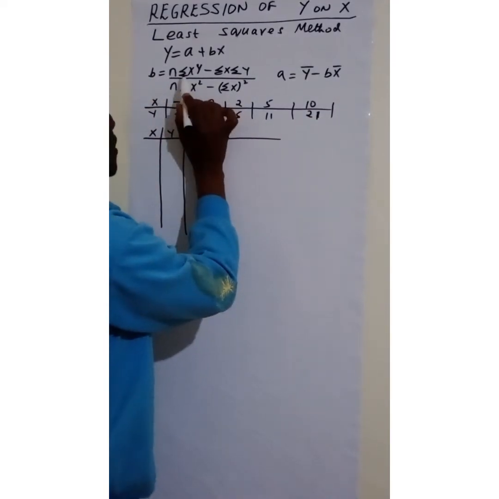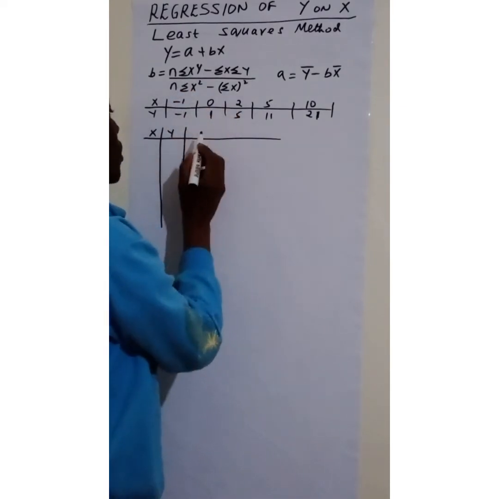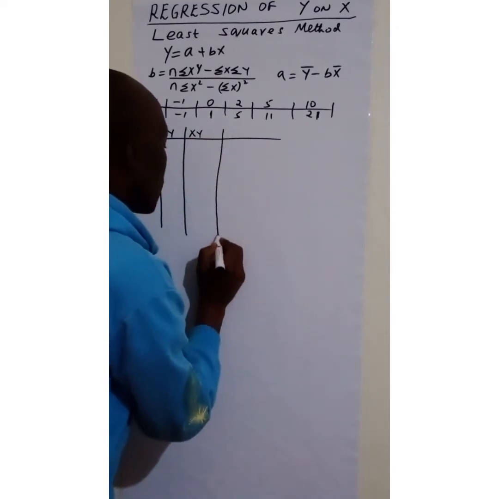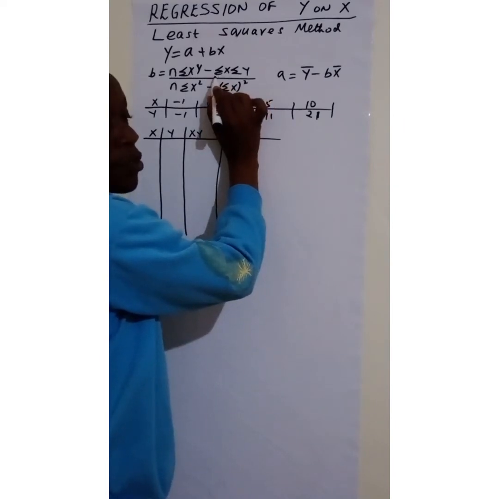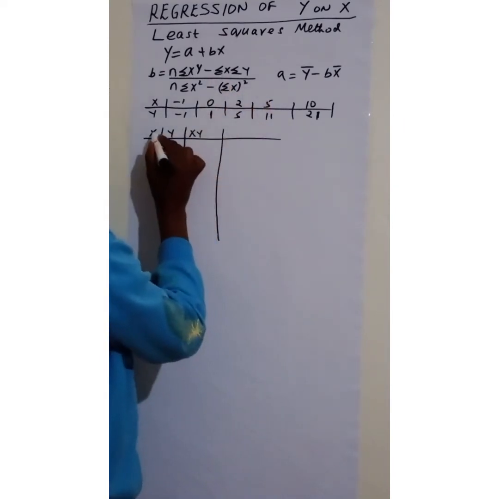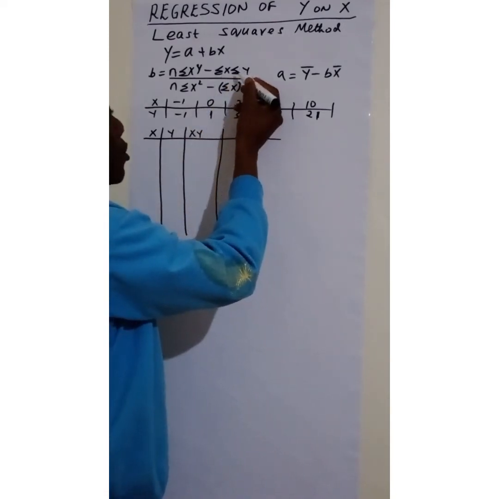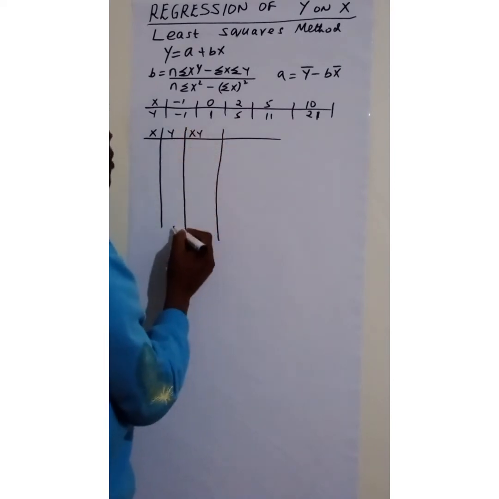Then we need summation xy, a total of column xy. So we need column xy. We also need summation x, that is the total of column x, which is already here. Then summation y means the total of this column here.